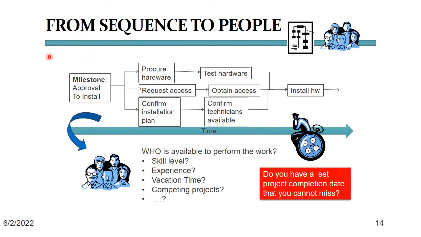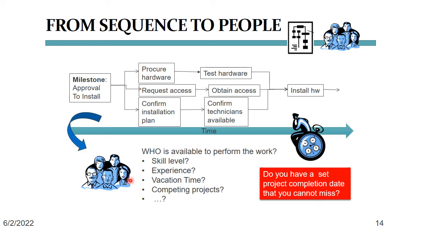The next question we need to ask, now that we know what work needs to be done and how that work needs to be done, is what kind of people, with what training and expertise, do we need to complete each task successfully? Do the people we have in our organization have the skills and the experience to make the work look good?